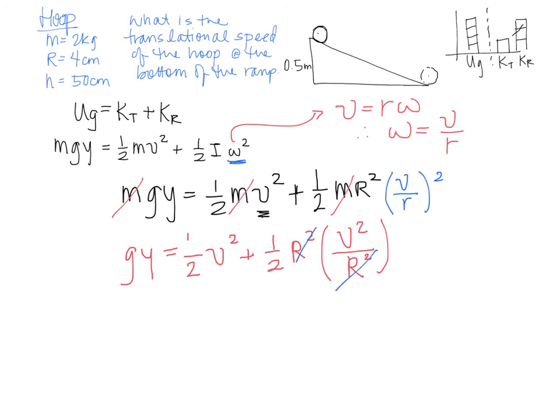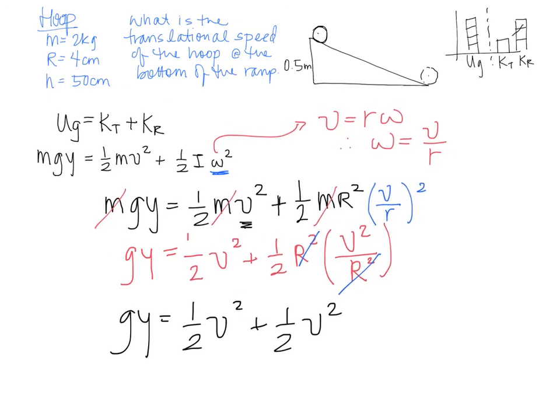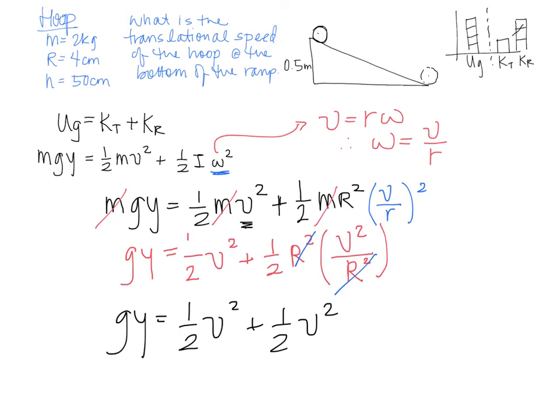And then we'd have gy is equal to 1/2 v squared plus 1/2 v squared. That looks pretty good. So now let's combine this. We've got gy would be equal to 1/2 v squared plus 1/2 v squared, which is just v squared.